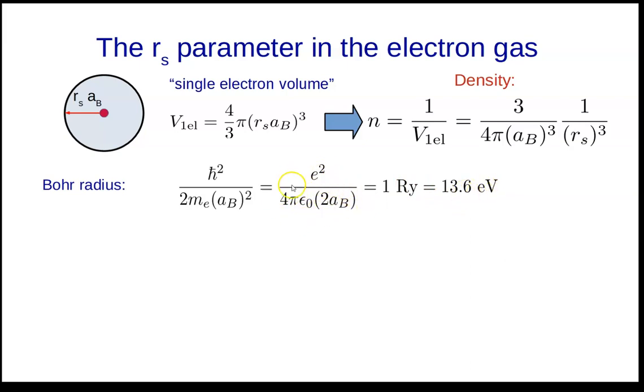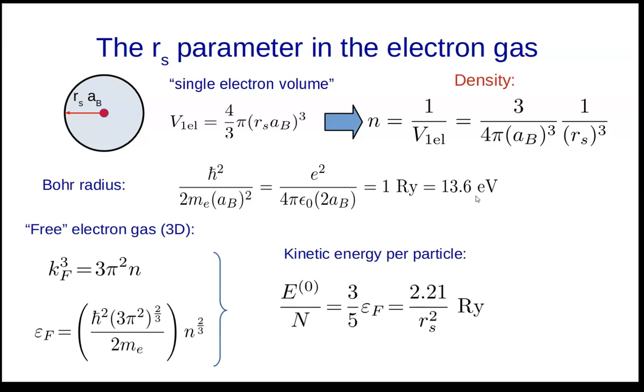You can think of that as also having units of energy, kind of a potential energy at a distance of twice the Bohr radius. So these two quantities are equal to each other and equal to 13.6 electron volts.